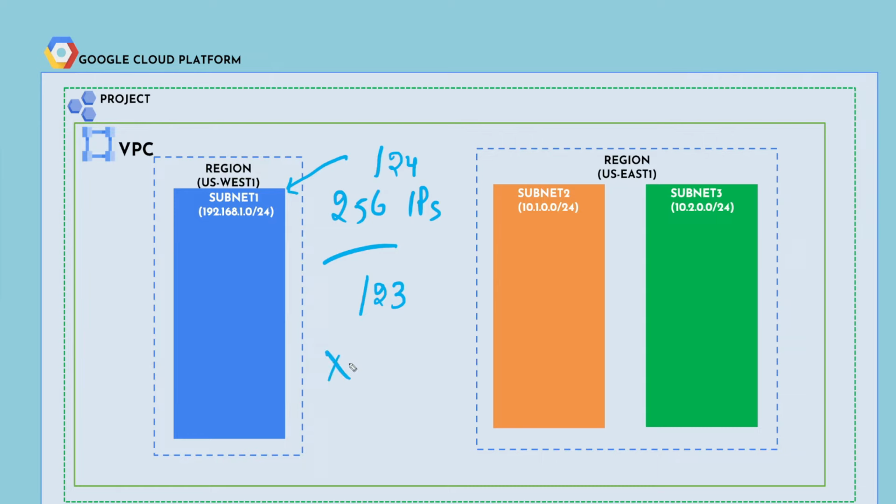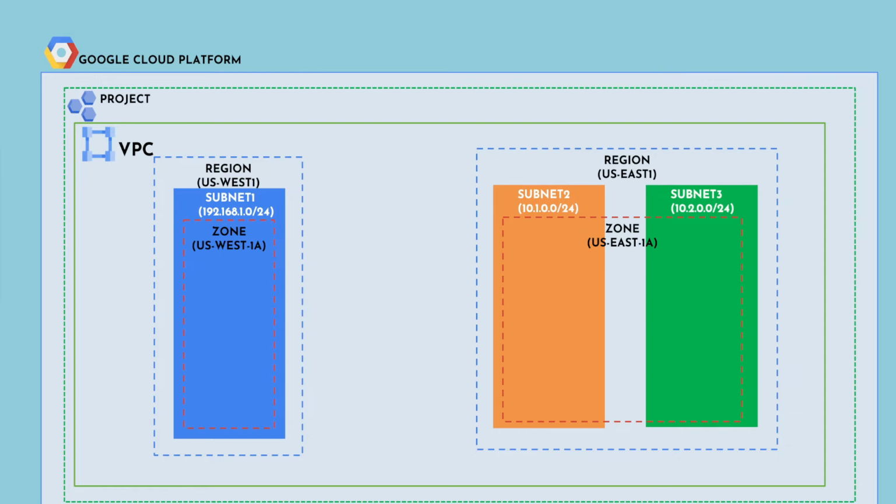Now, when you provision a compute instance, you select the zone in which it must be provisioned. And the region that you select for a resource determines the subnet that it can use. So in this example, when you provision 2 GCE instances in zone US West A, it determines that the region is US West 1 and this US West 1 region has only one subnet with this IP range.